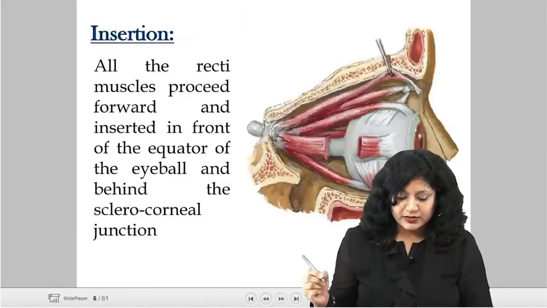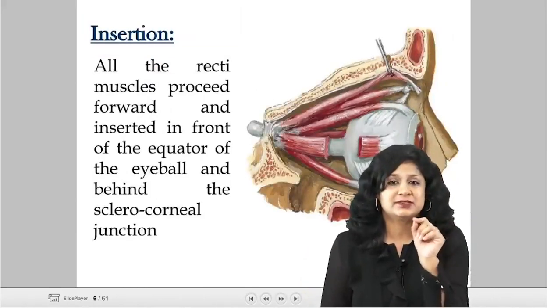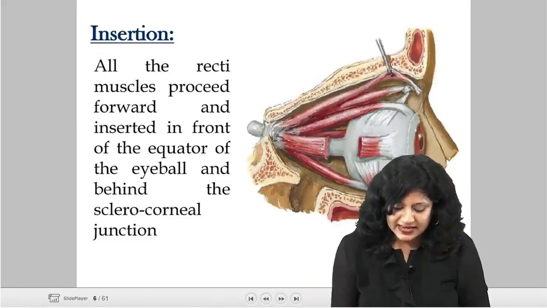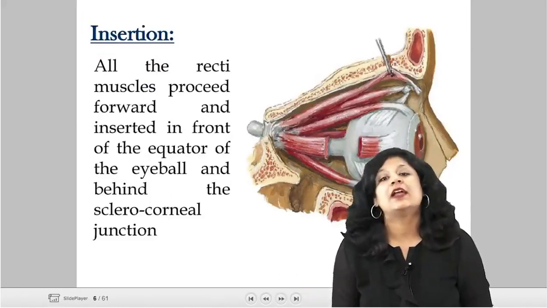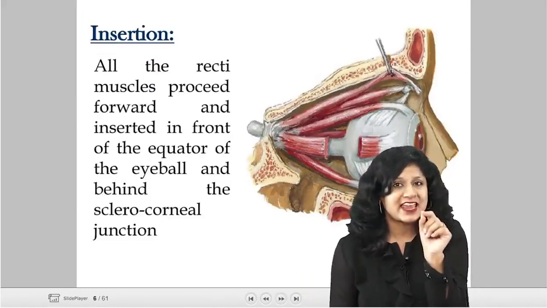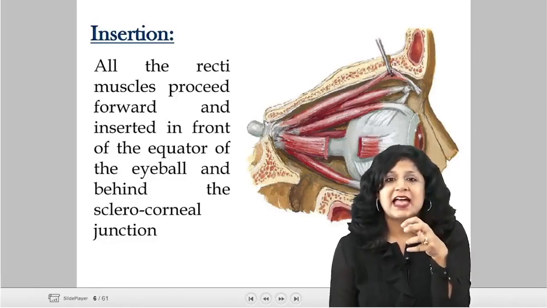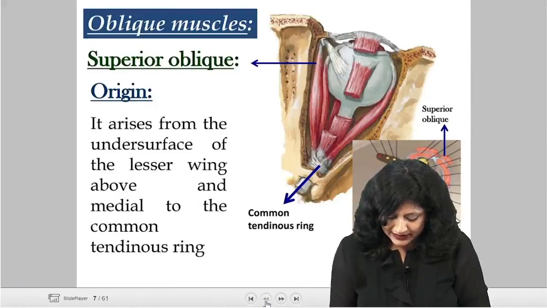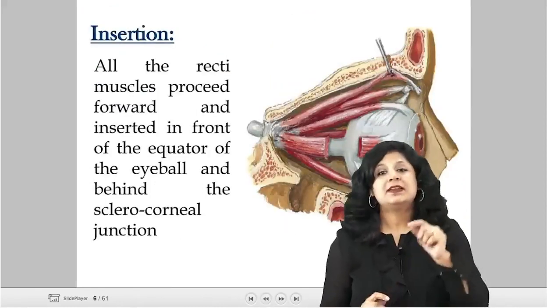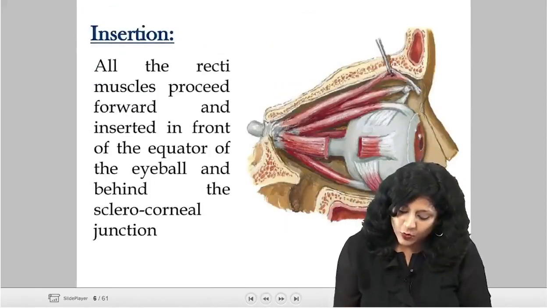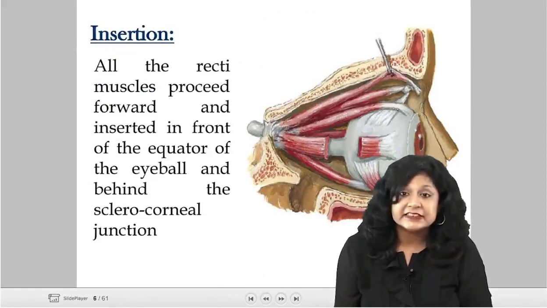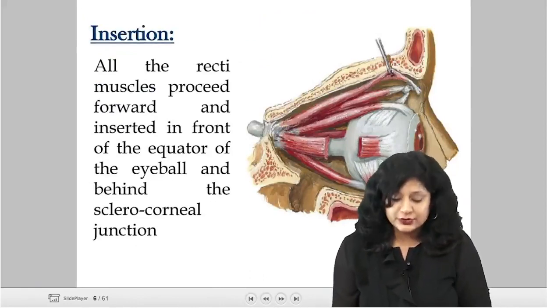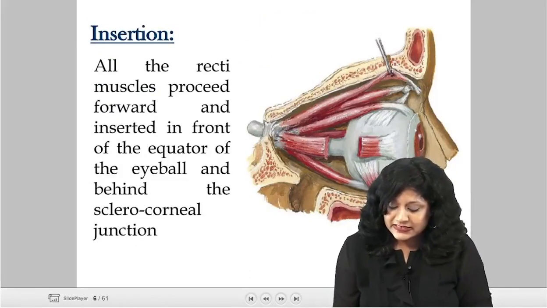Now, if you look at the insertion of these muscles, can you see this area? This is the annulus of Zinn, which is lying at the apex of the orbit, and then they are going and inserting over this eyeball. Follow these muscles.